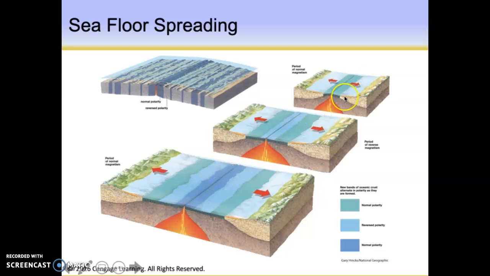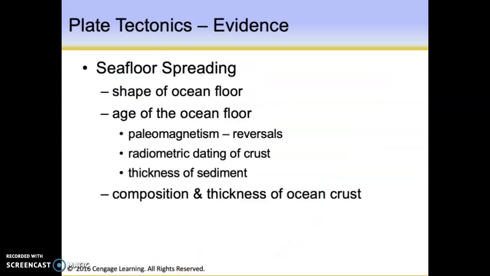We form new ocean crust here in the middle. It pulls apart. One half goes one way, one half goes the other way, and then we continue to add new material in the middle. And this is what we refer to as seafloor spreading. And this ultimately is what leads us to understand what is going on with plate tectonics, which we will discuss further in the next set of slides.